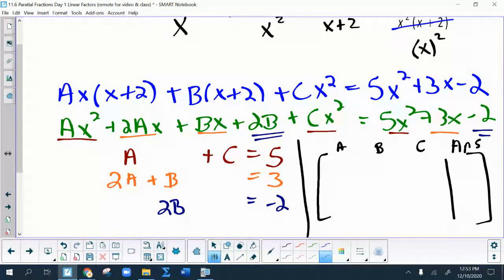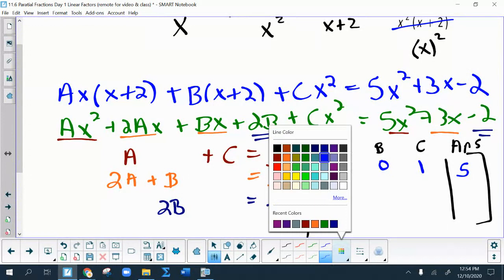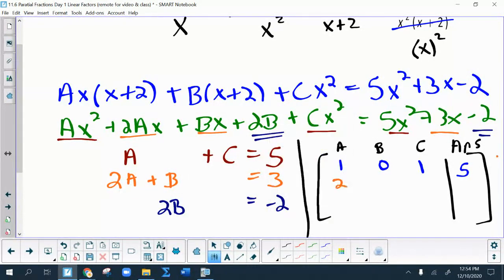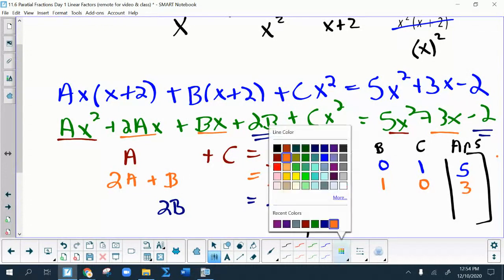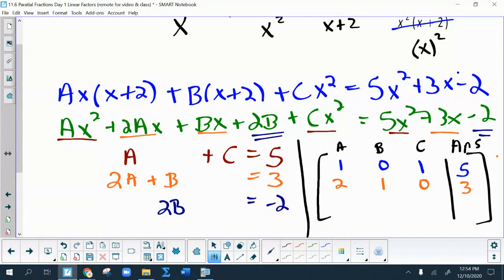So the first row has 1 for the A coefficient, there's no B, 1 coefficient on the C, and the answer is 5. And the second equation has a 2 for the A, a 1 for the B, no C, and a 3 for the answer. And the last row has no A, 2 for the B, no C, -2.